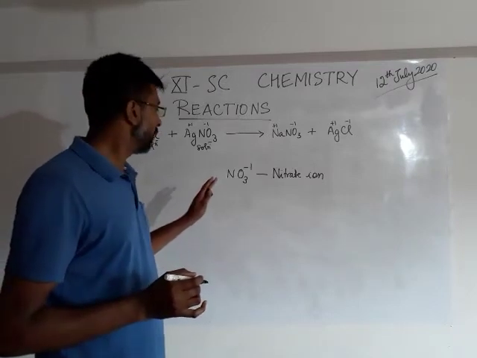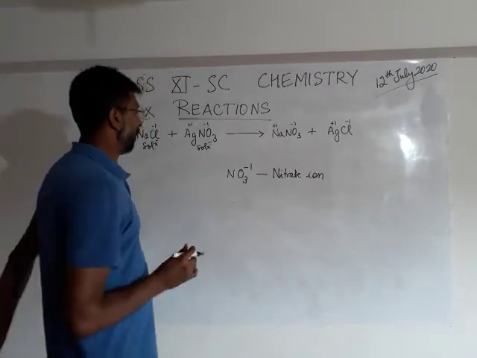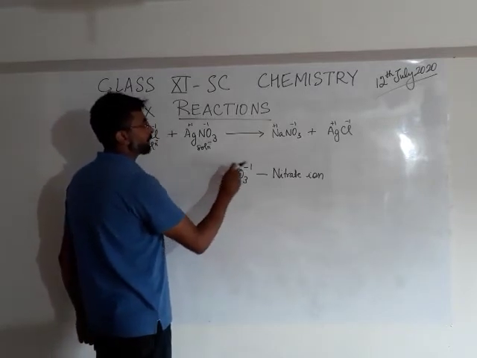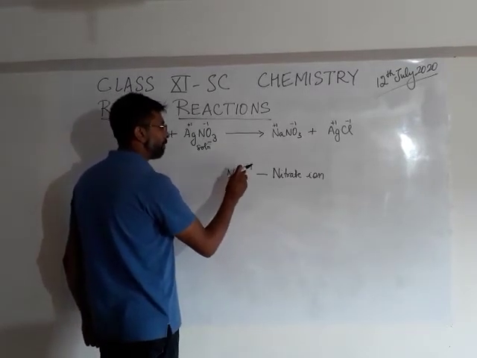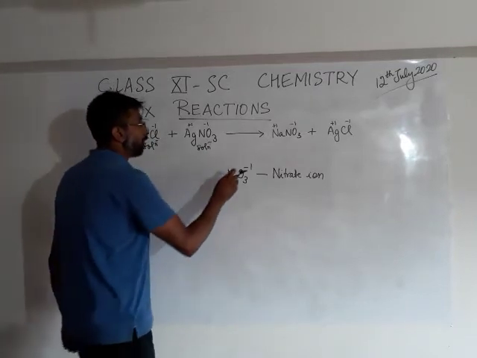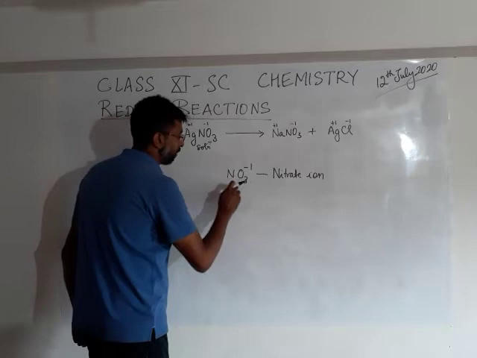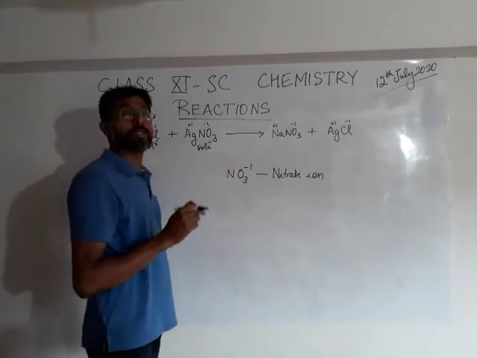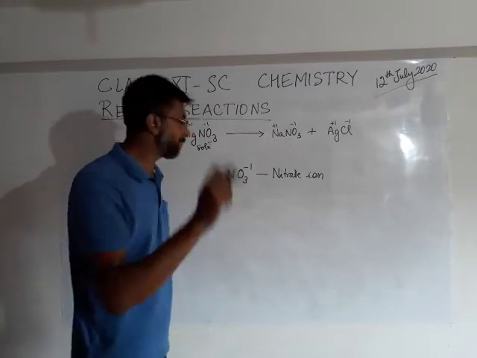I think you have got it now. For this nitrate ion, the overall charge carried by the nitrate ion is minus 1, which means the overall oxidation number of nitrate is minus 1. This minus 1 is called the oxidation number in this chapter.